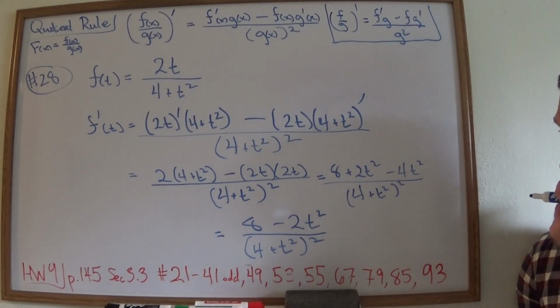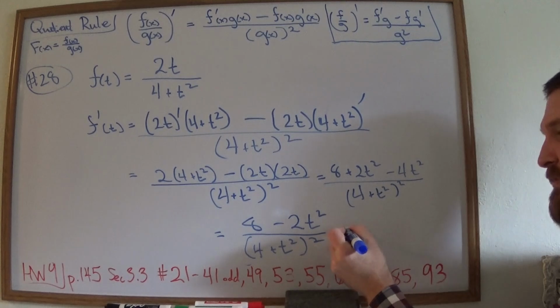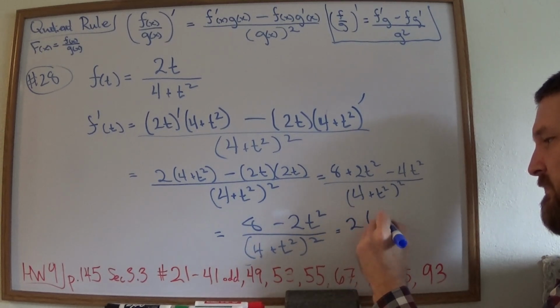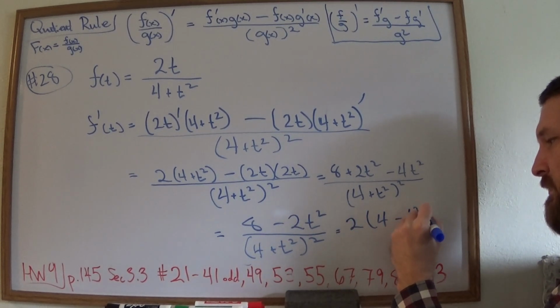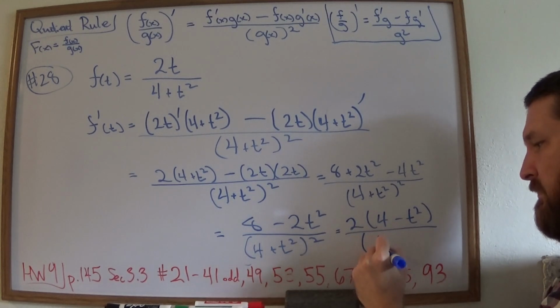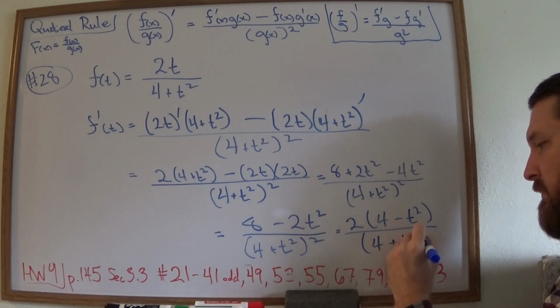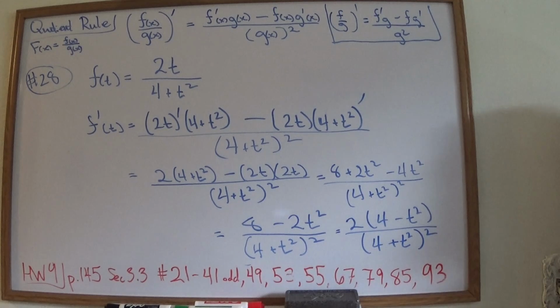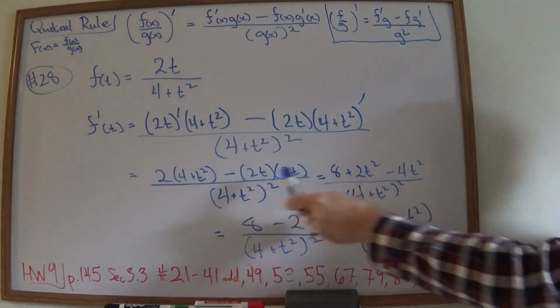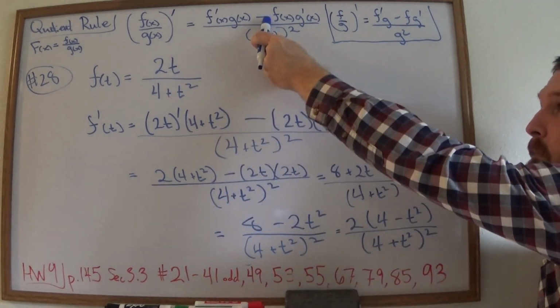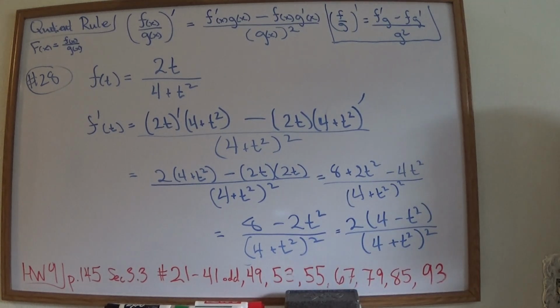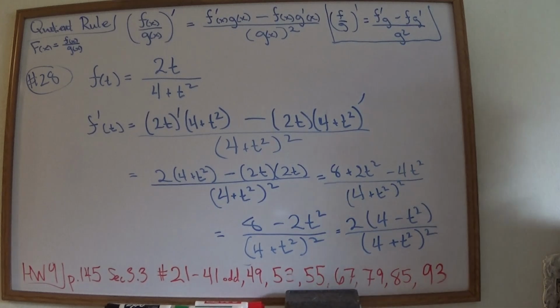Wait, why can't we just get rid of one of the 4 plus t squared? Where's a 4 plus t squared? Wait, why is there a minus? Look, it's 4 plus t squared right there. He factored out the 2, is what he did.